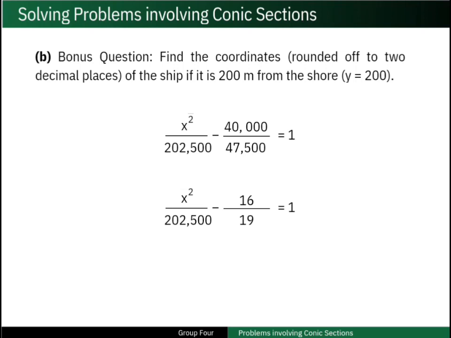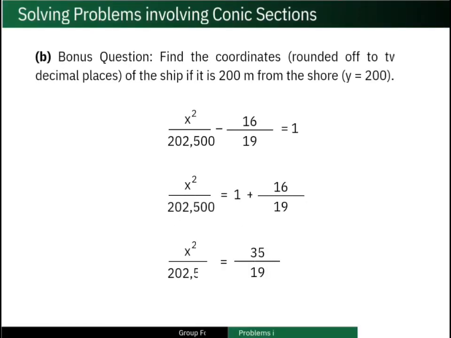After that, reducing negative 40,000 over 47,500 into its lowest terms will give us negative 16 over 19. So by the addition property of equality, I add 16 over 19 to both sides. I move negative 16 over 19 to the right, so it becomes positive 16 over 19. So 1 plus 16 over 19 will be 35 over 19.